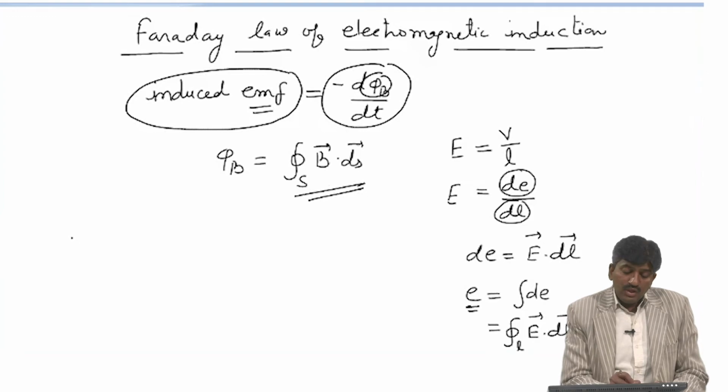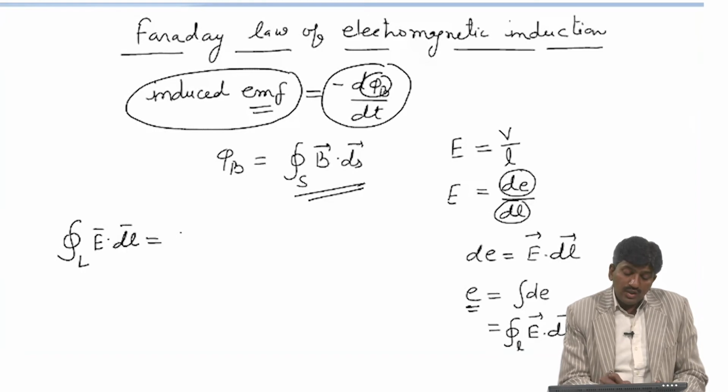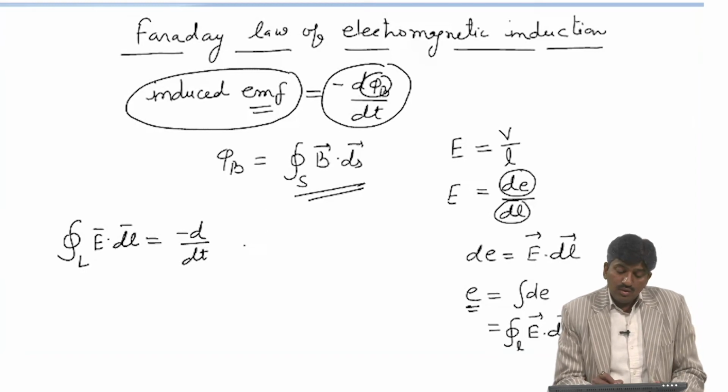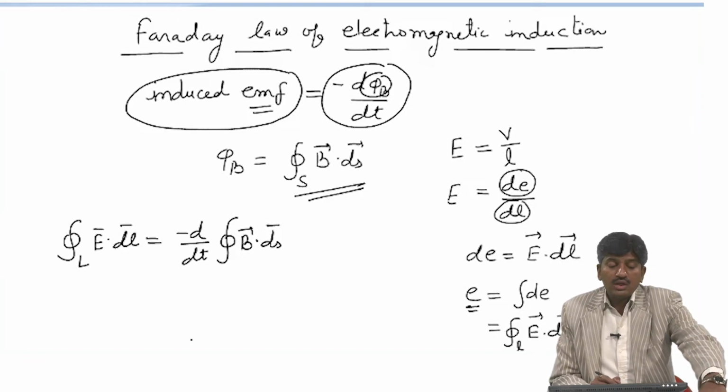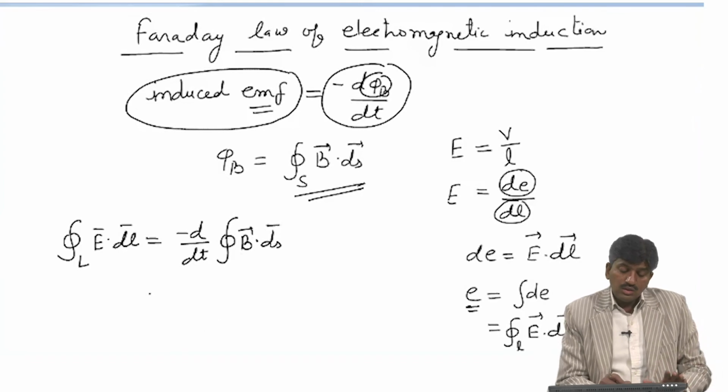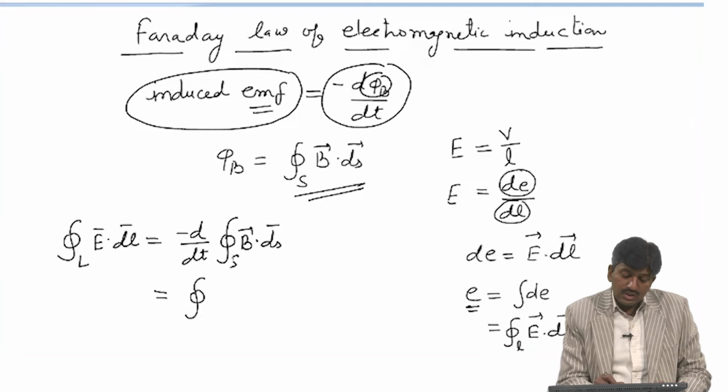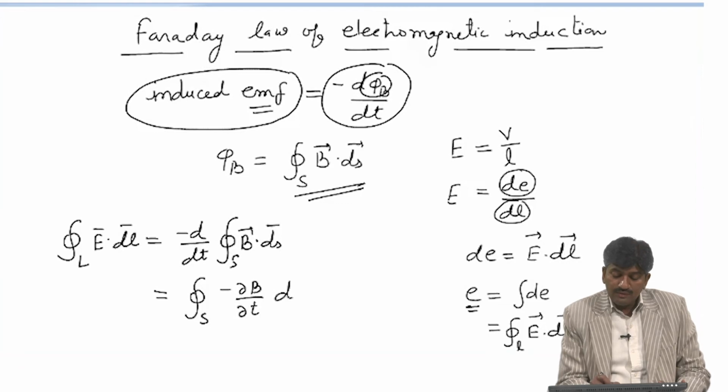So, we can write line integration of electric field is equal to minus d upon dt of phi b, meaning surface integration of magnetic field, and we can write surface integration of minus del B upon del t dot ds.